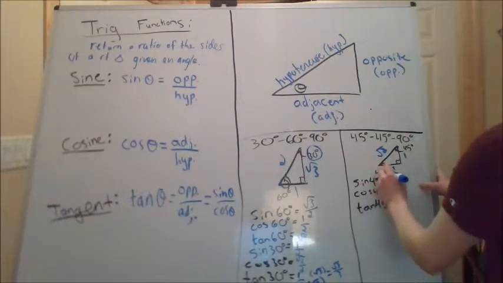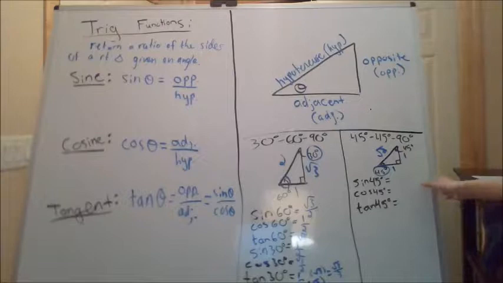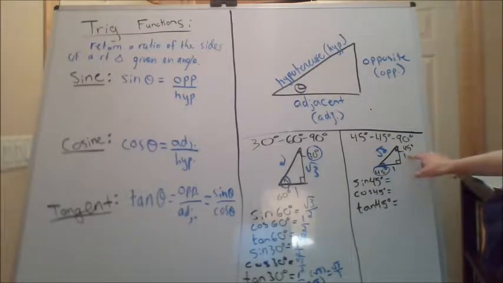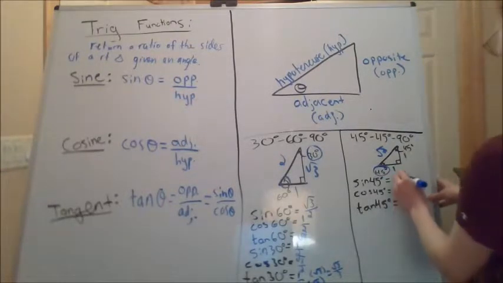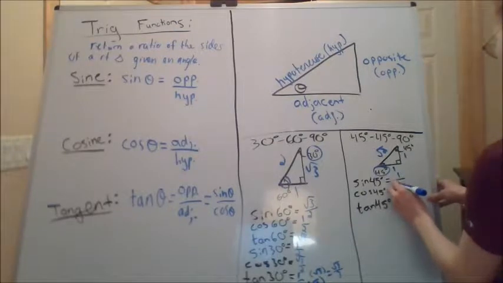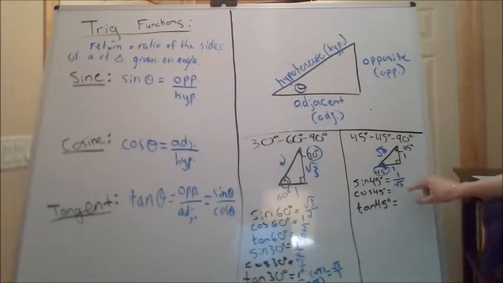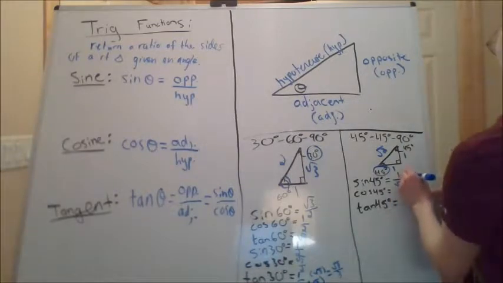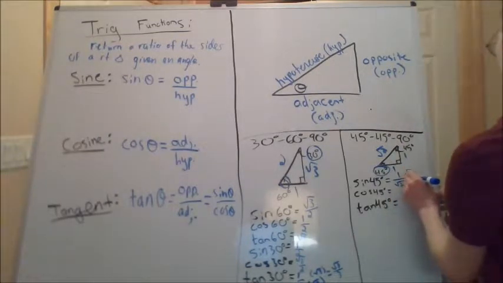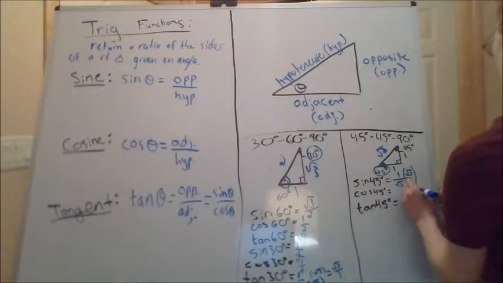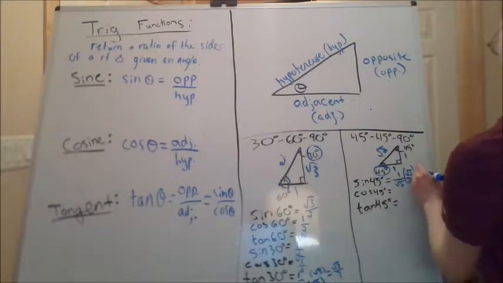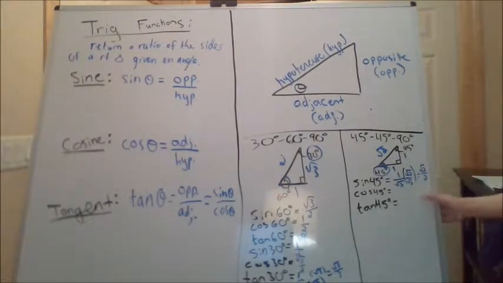We go straight across the triangle to find our opposite, which is 1, and divide that by the length of the hypotenuse, square root of 2. We get 1 over the square root of 2, or if we multiply the numerator and denominator by the square root of 2, we get square root of 2 divided by 2. That's how we rationalize that fraction.